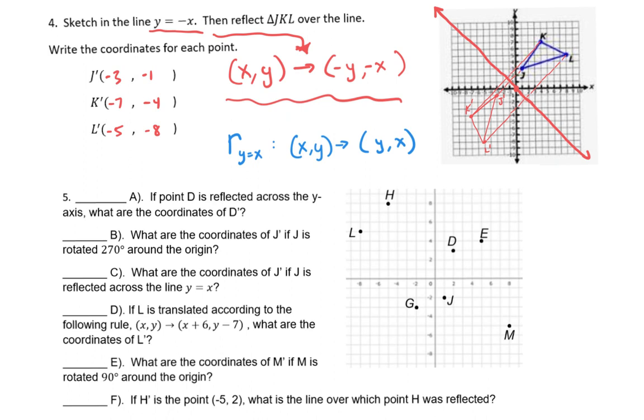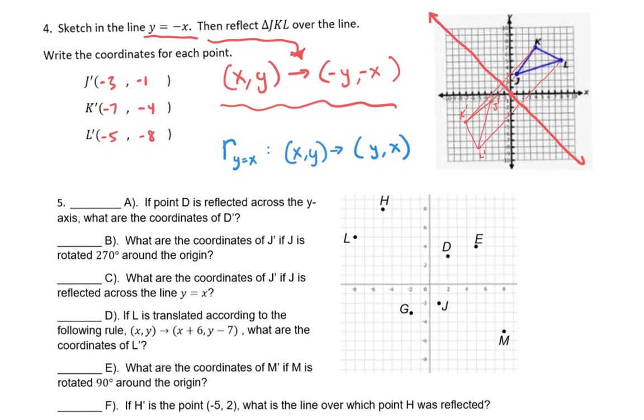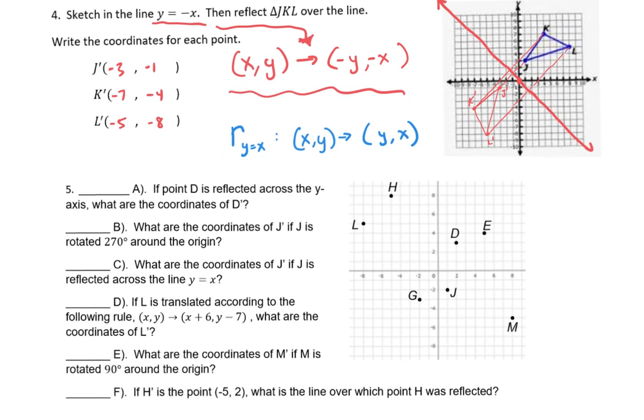All right, last one here. If point D is reflected across the y-axis, what are the coordinates of D prime? So let's first identify D. Now let's find the y-axis.